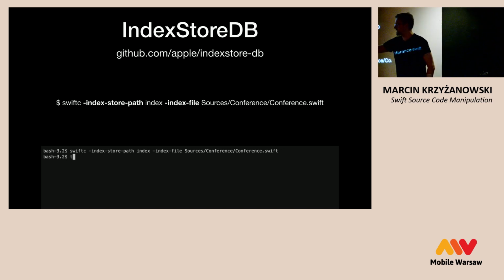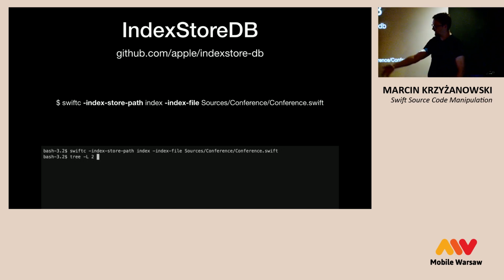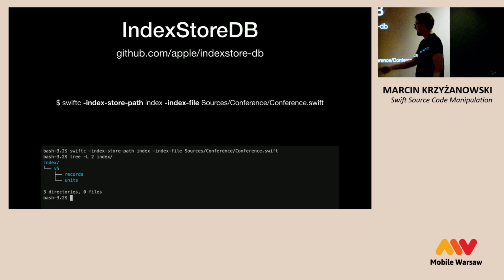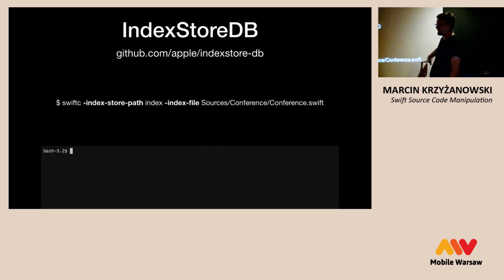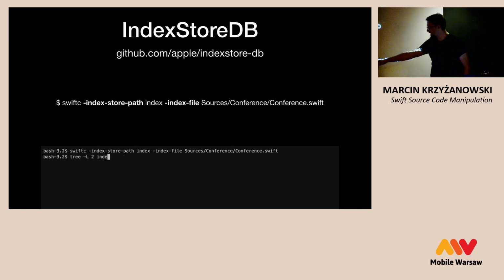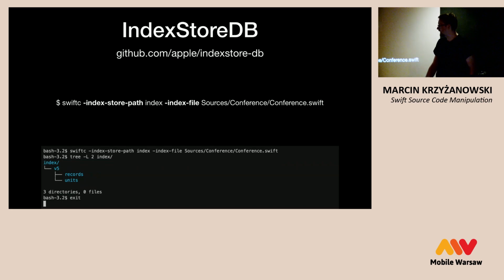So there's swiftc -index-store-path, and this is the path, then the index file and the file that you want to index. Of course, you want to index more files, so you put more files here. And yeah, it built the index.